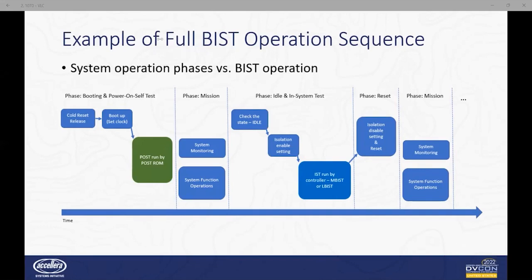If something is detected, or just after a certain period of time, system will enter idle state and execute IST to check the system. This system operation and IST operation will be repeated until system is powered off. The BIST operation must be checked by SoC level verification before the silicon, but it is almost impossible to cover by simulation due to the size and time.